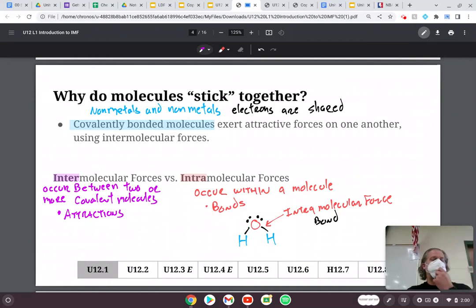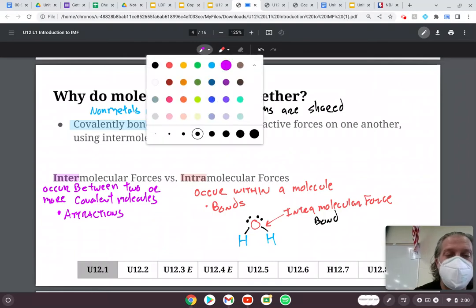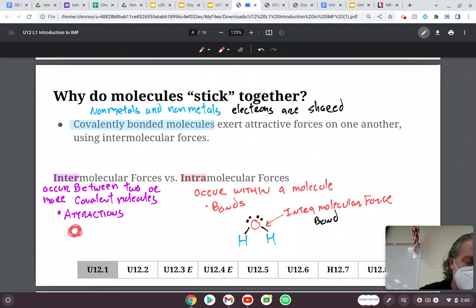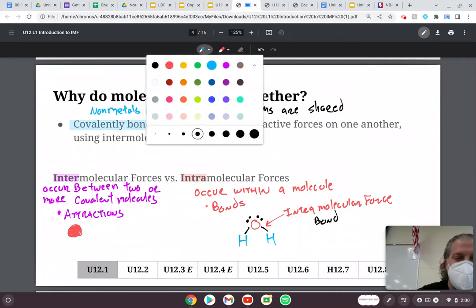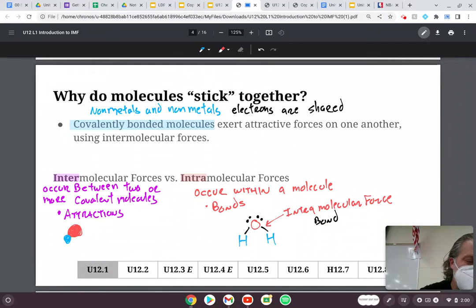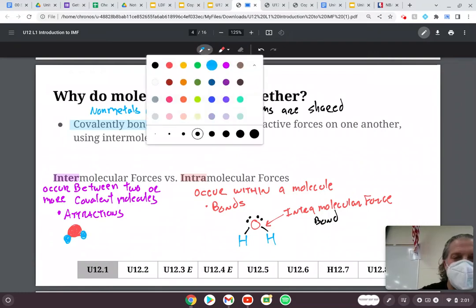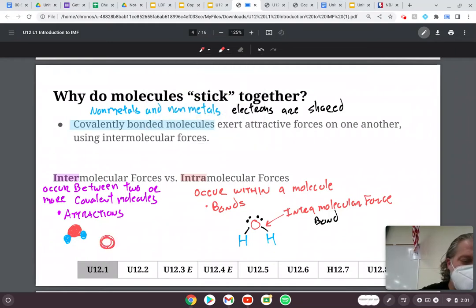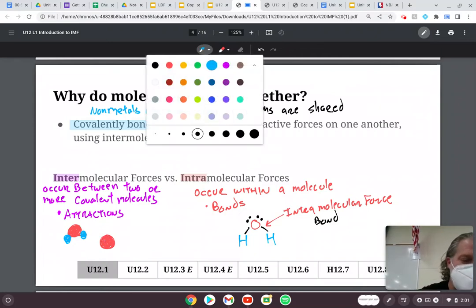If I was going to do my best to draw what that would look like with some water molecules, I would have an oxygen here with some hydrogens on there. I'm trying to draw this in 3D. So I'm going to have another oxygen here, and some hydrogens there.